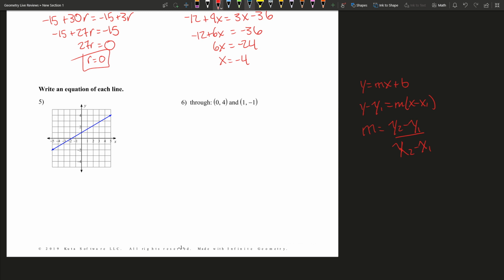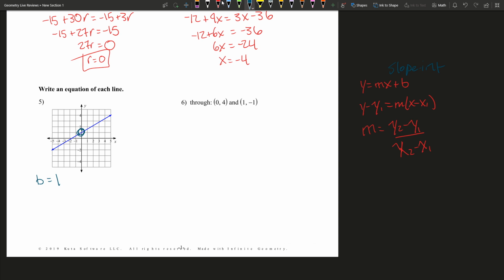All right. So on number 5, because we see a y-intercept, which is this point right here, and we can get a slope, I would use slope-intercept form. In this case, b is where it crosses the y-axis. So b is equal to 1.